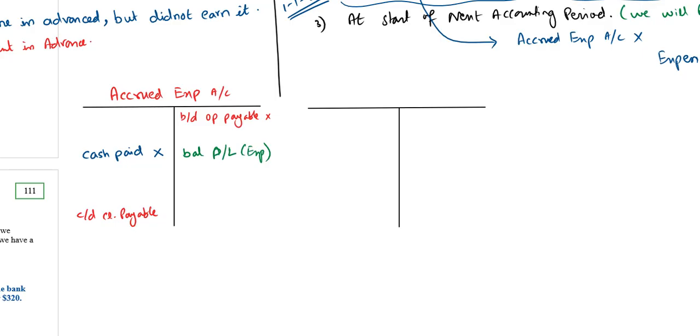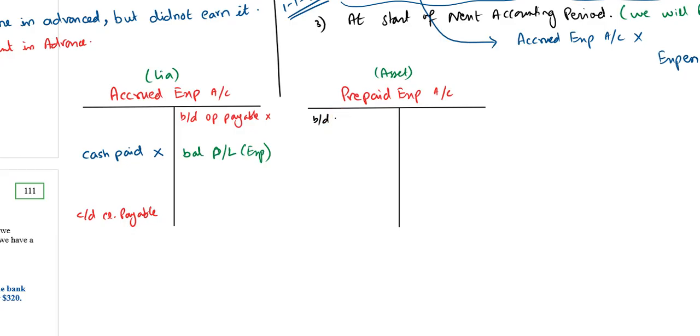And what is the format of prepaid expense? In case of prepaid expense account, as you know, the accrued expense is our liability, but the prepaid expense is our asset. So the balance of this prepaid expense will be here.